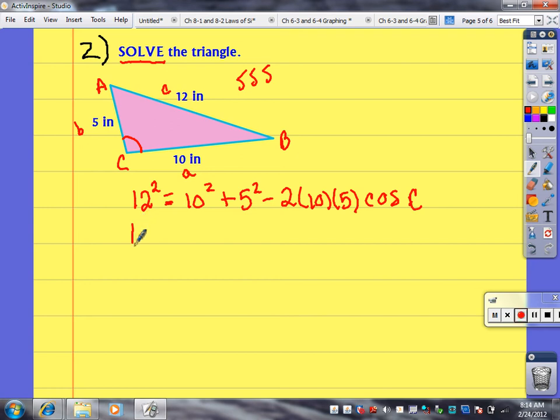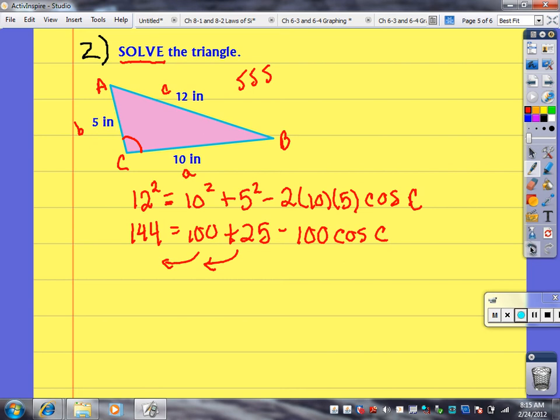So here we have our 144, our 100, this is our 25, minus 100, cosine of C. All right. Since this is multiplied here, I can't separate those besides doing division, so I don't want to do that yet. I'm going to subtract 100 and bring it over, subtract 25 and bring it over.